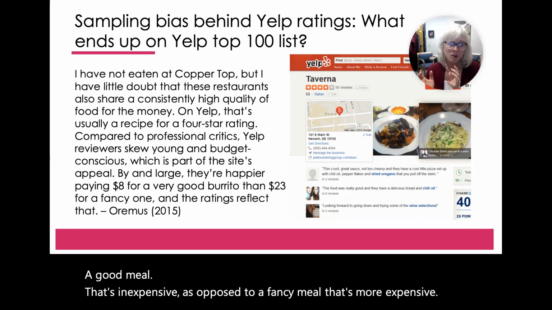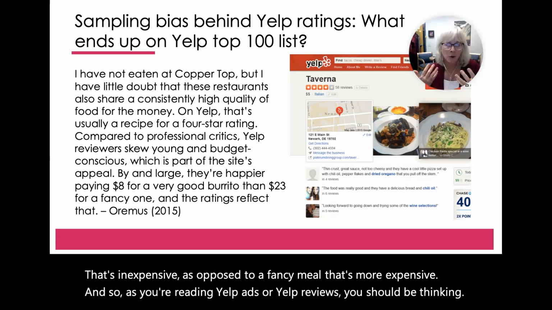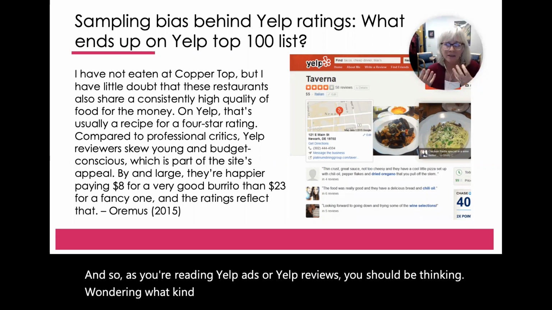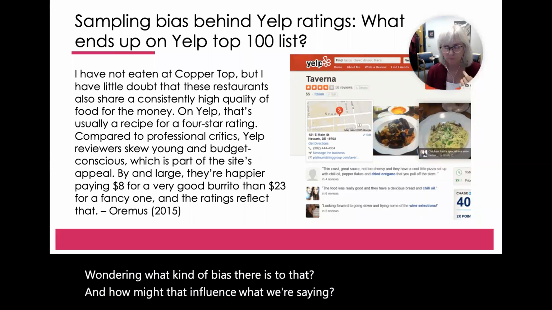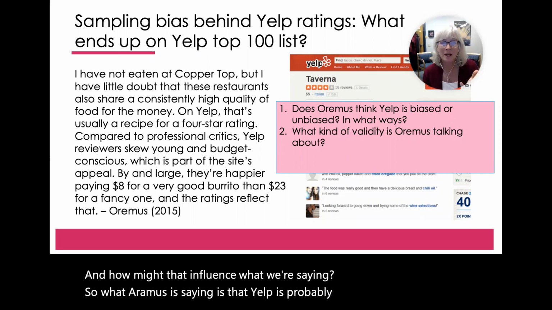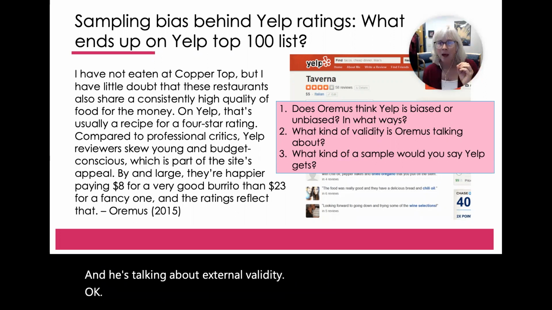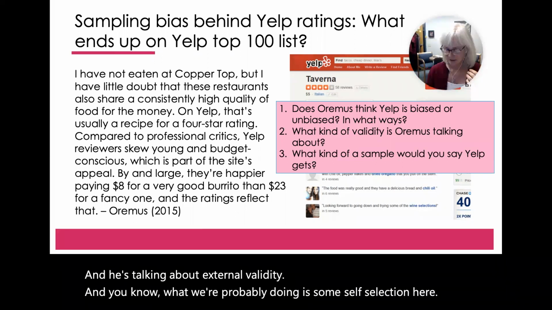And so as you're reading Yelp ads or Yelp reviews, you should be wondering what kind of bias there is to that and how might that influence what we're saying. Now, what Oramus is saying is that Yelp is probably biased in some ways. And he's talking about external validity. And what we're probably doing is some self-selection here in this sample.